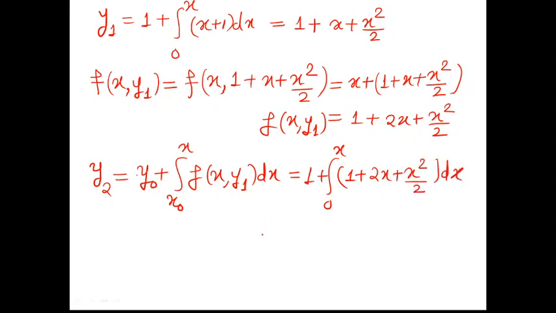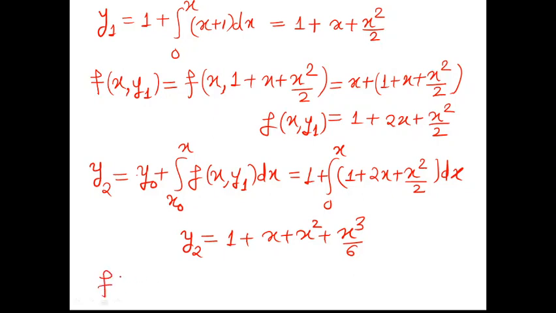Let's integrate this term and simplify. So y2 is 1 plus x square plus x cube by 6. Here I am getting only 4 terms, so I need to find out y3 also.